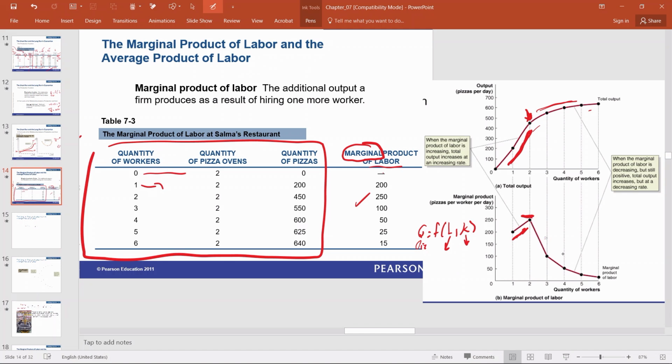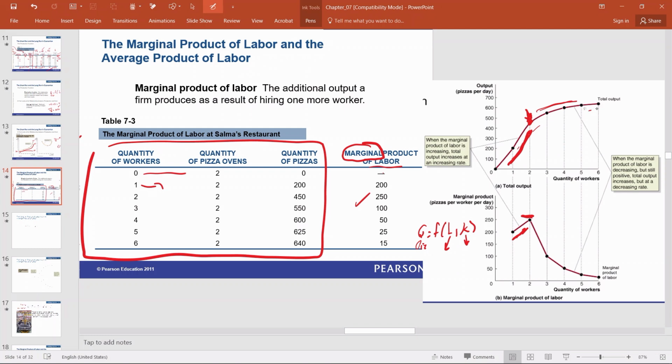As you see, the total product is increasing at an increasing rate, and then it has an inflection point where the rate of increase becomes slower and slower.